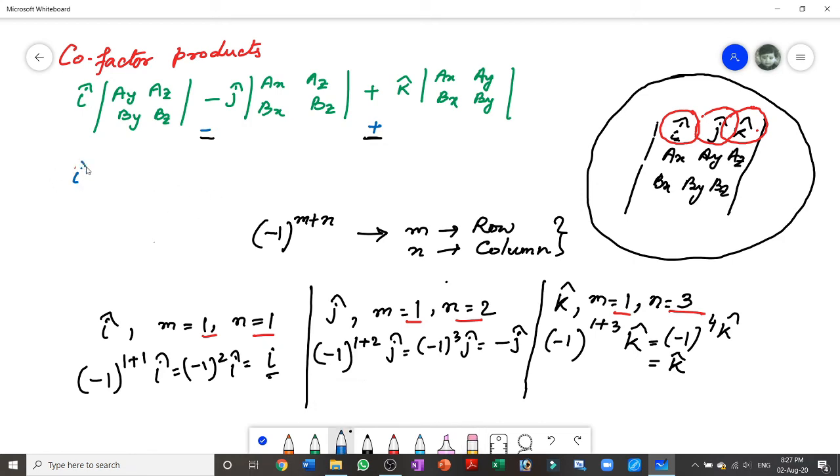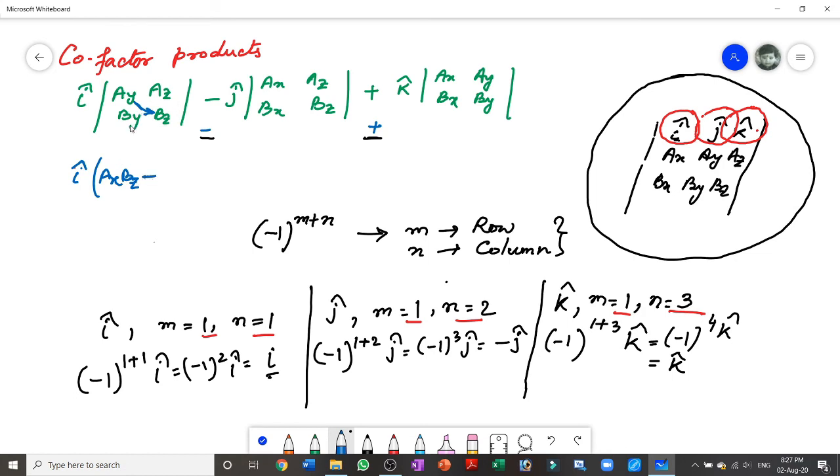So we are going to write the product as: just type i cap here, i cap into, first multiply these two, that is ax bz.